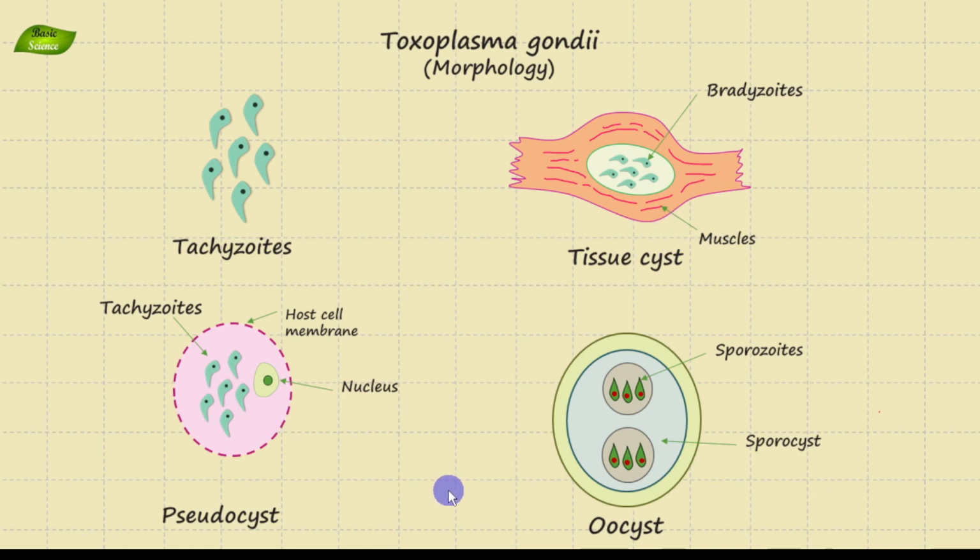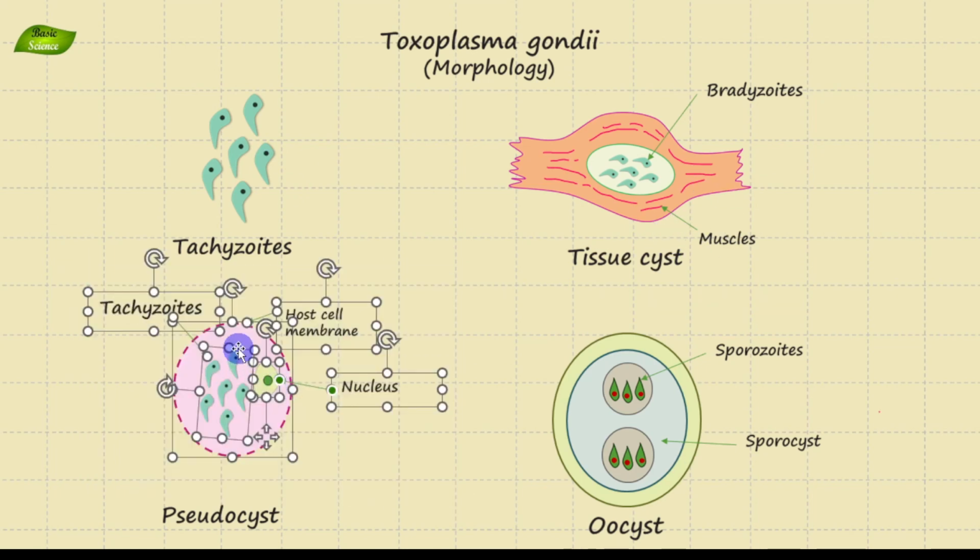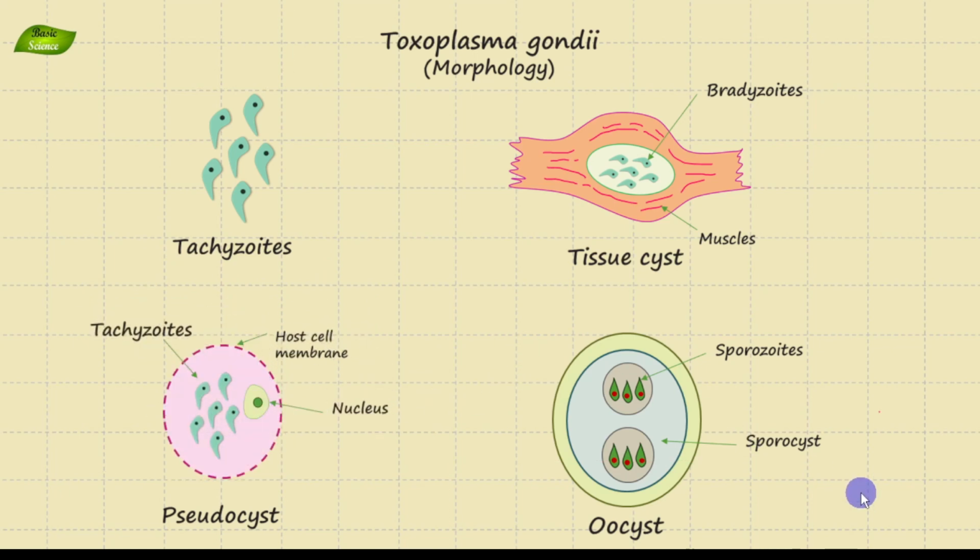And you should now also be able to create these illustrations for your project reports. Okay, so we have discussed all 4 stages, and when we discuss the life cycle, I hope there is no need to discuss these individual morphological features, although I'll give you a pointer regarding the functions or the significance of these forms, right? But not in more detail than we have discussed already in this video.